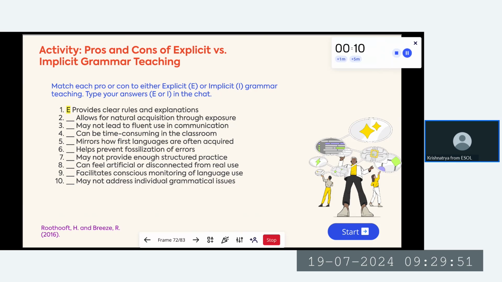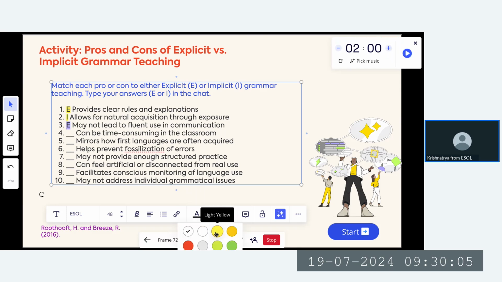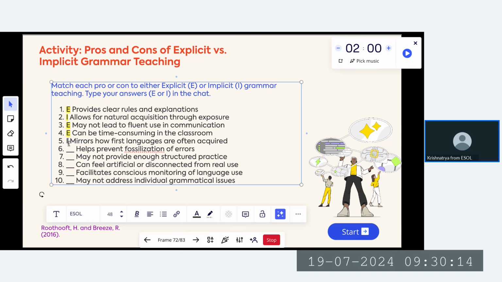All right, let's check the answers. Number 2 is implicit. Then we have explicit. Number 3 is explicit. Number 4 is explicit. 5 is implicit. 6 is explicit, then implicit.